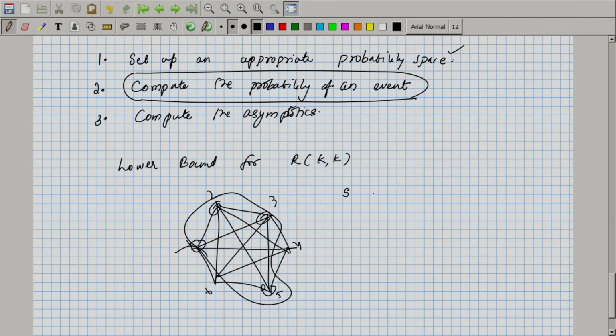Let S denote a subset of size k. Let E_S denote the event that S is monochromatic.